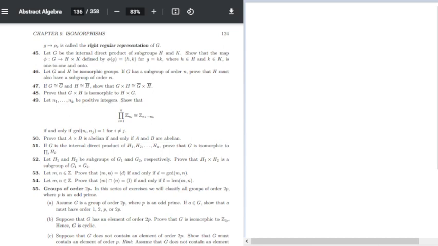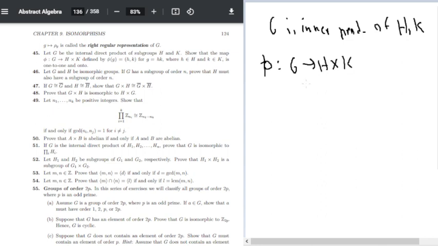So, G is the internal product of H and K, and we define phi from G to H times K by g equals hk implies that phi of g equals (h, k).